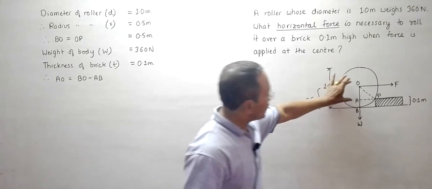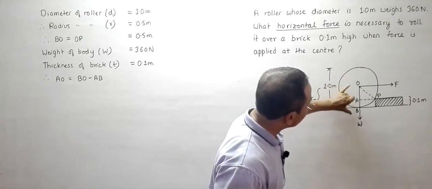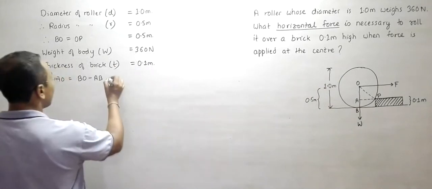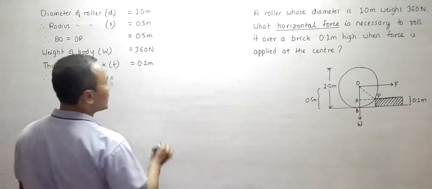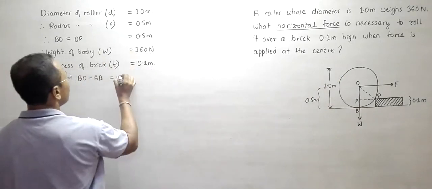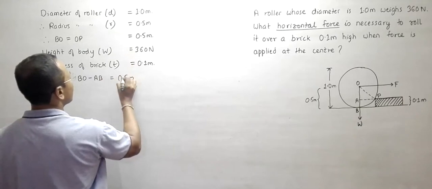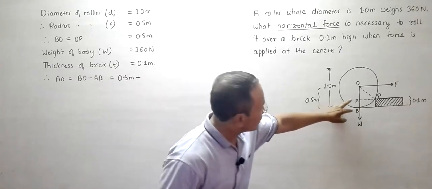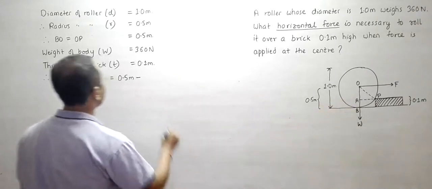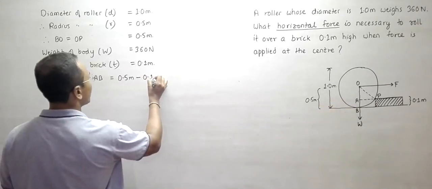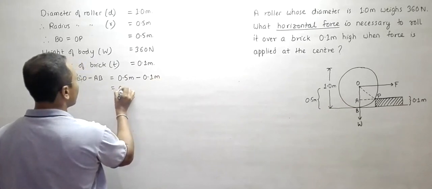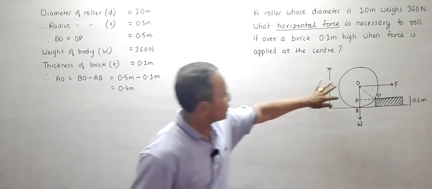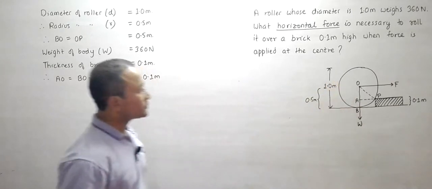So this AO should be equal to BO, this whole length, minus this small thing, AB, and that's equal to 0.5 meters minus AB, which is equal to the thickness of the brick, so 0.1 meters, which is equal to 0.4 meters. So AO is equal to 0.4 meters.